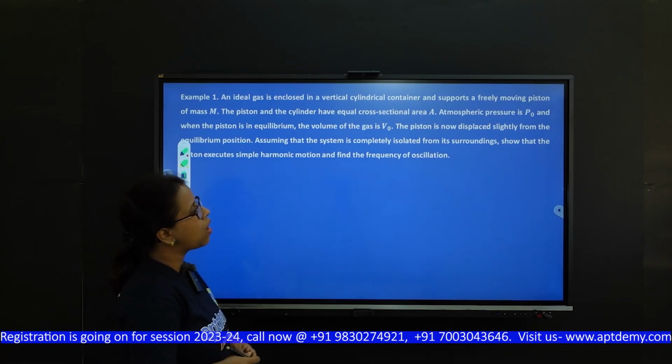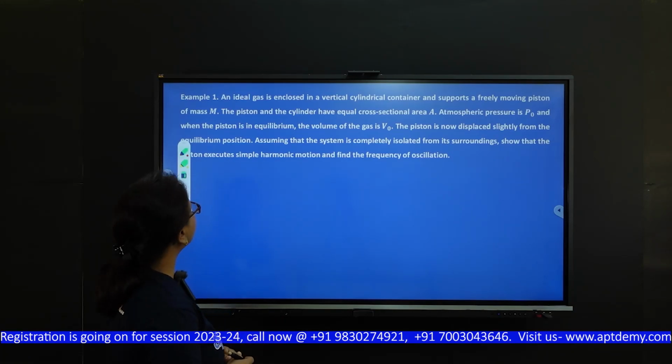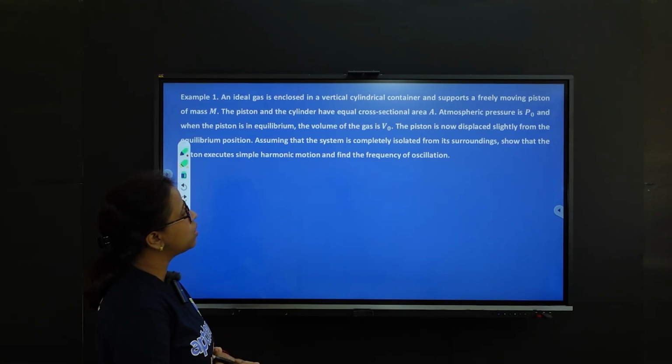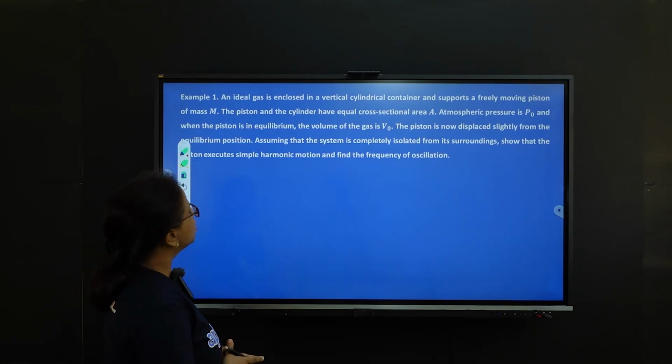The piston is now displaced slightly from the equilibrium position. Assuming that the system is completely isolated from its surroundings, show that the piston executes simple harmonic motion and find the frequency of oscillation.